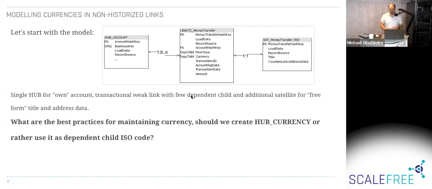Last time we discussed this is essentially a non-historized link where you can have denormalized attributes in the link structure, which we do very often for facts and transactions, booking transactions, real-time messages, that kind of sort. The only discussion we had last time was that I would have one hub account, and if the account structure is the same, there's only one hub account.